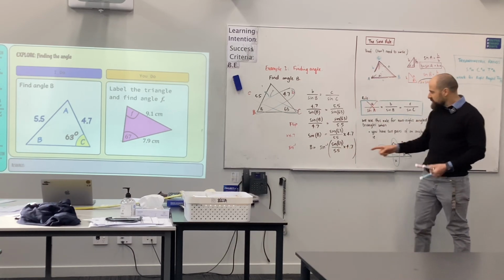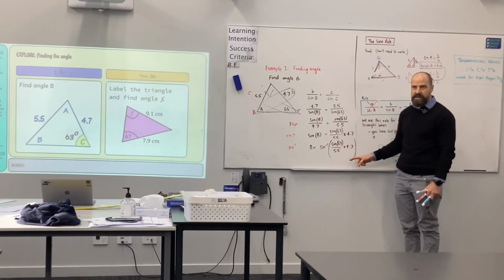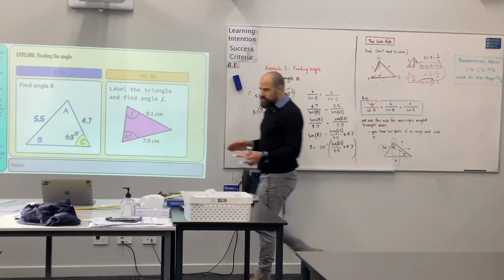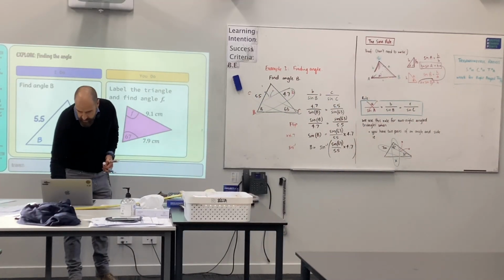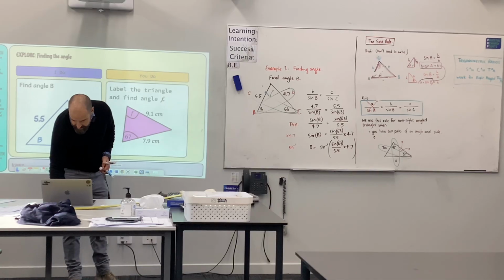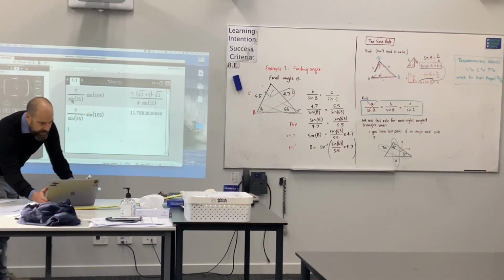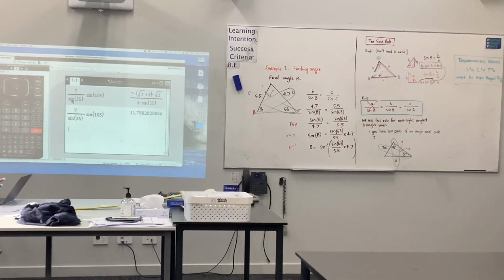So it looks like a really ugly equation, but you're not expected to do it by hand. All I want you to do is break out your calculator. Okay, so trig, inverse sine, use the fraction template to help you. Make it look right, because then you're less likely to make a mistake.